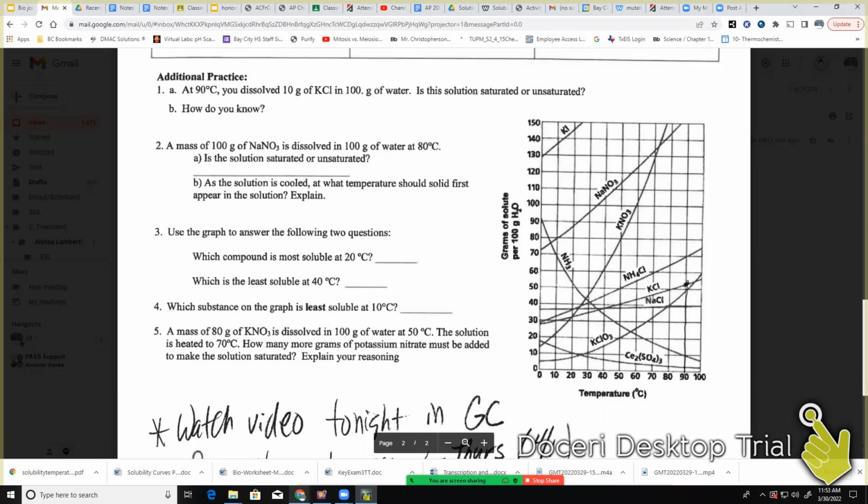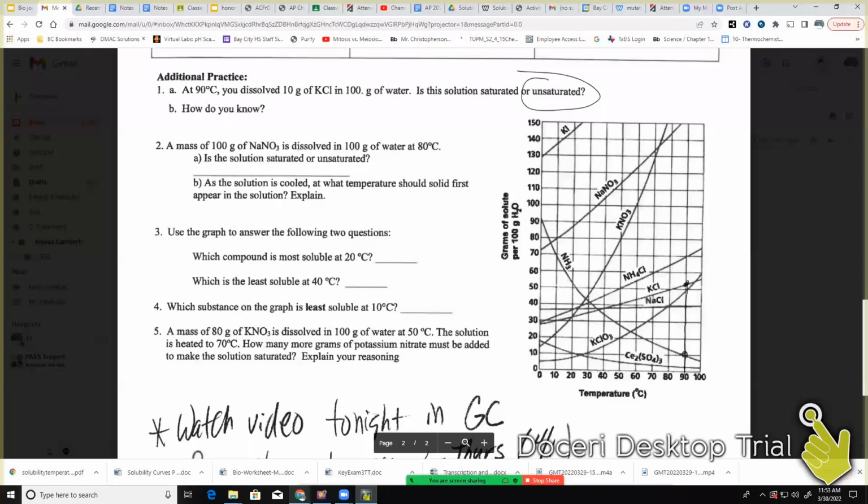So that gives me saturated, I don't know, maybe 52, 53, something like that. But we only had 10. So we're way down here. So that's definitely going to be what kind of solution? Unsaturated. And how do you know? It's below the saturated line.